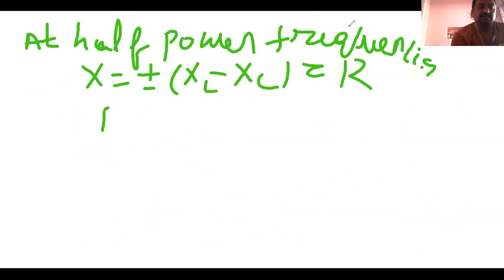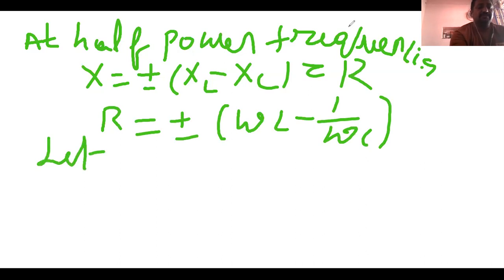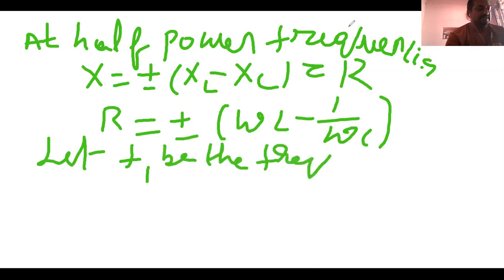So here we know that R is equal to plus or minus omega L minus 1 by omega C. Here, for the minus value, if we take the frequency as F1, the net X is negative.